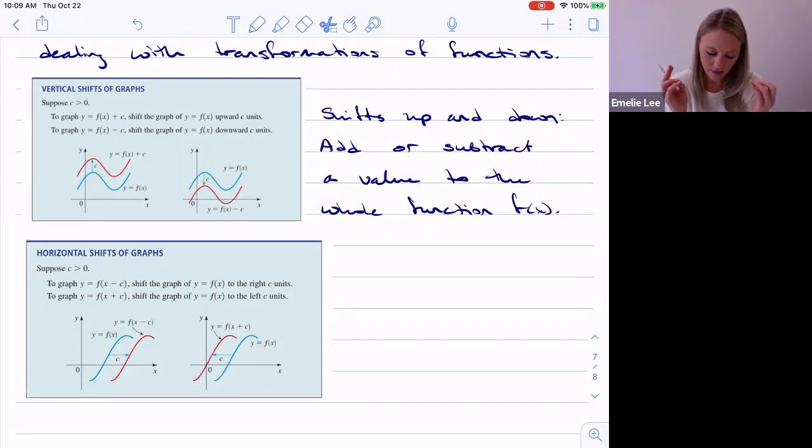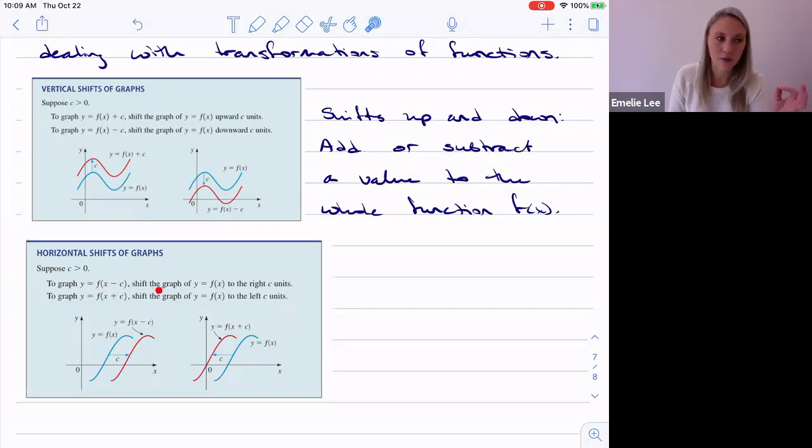I always find it a little bit counterintuitive, but if you subtract c from x, what happens is things move to the right, even though I, at least intuitively, would want it. If I'm looking at x minus c, I would probably think that it would move to the left, but it doesn't.